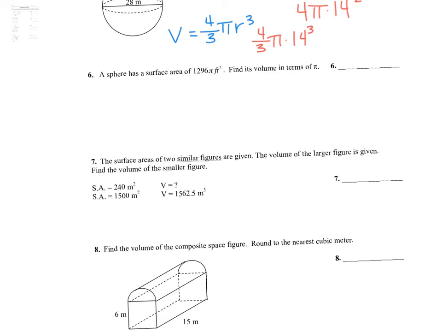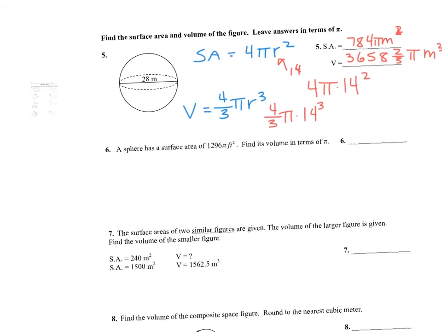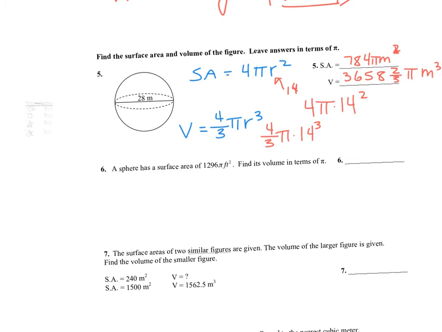What's your unknown in both those formulas? It's a sphere. What's your variable in both of these? It's r, right? So you have r in common, so you need to find r to be able to plug it into the volume formula, okay?